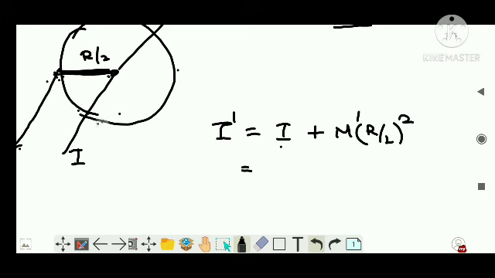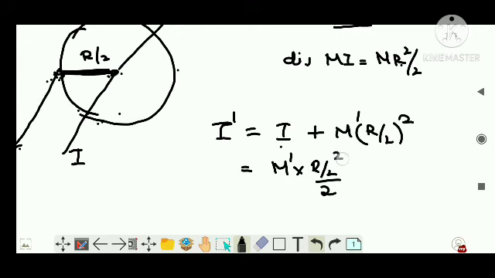Now what is I? That is the moment of inertia of this removed disk. That is m dash, that's a mass. I will replace it with m by 4. Any disk has moment of inertia equal to m r square by 2, where r is the radius of the disk. What is the radius of the disk here? It is r by 2, then divided by 2.